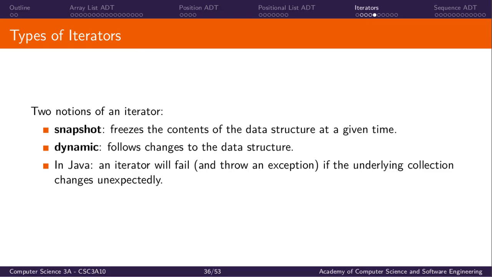Right? It will stop working because there has been some change in the data structure that it is an iterator over. So we call an iterator over this list. Let's say we create an array, copy all the elements that were in our list into that array. If we make any changes in the list, then that iterator, that array, will stop working.